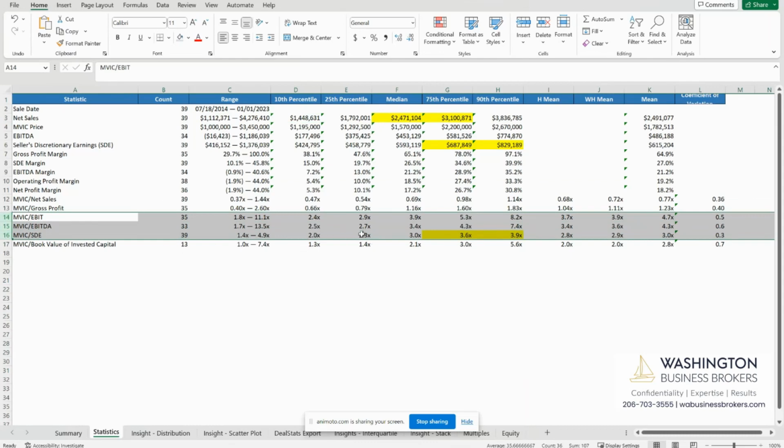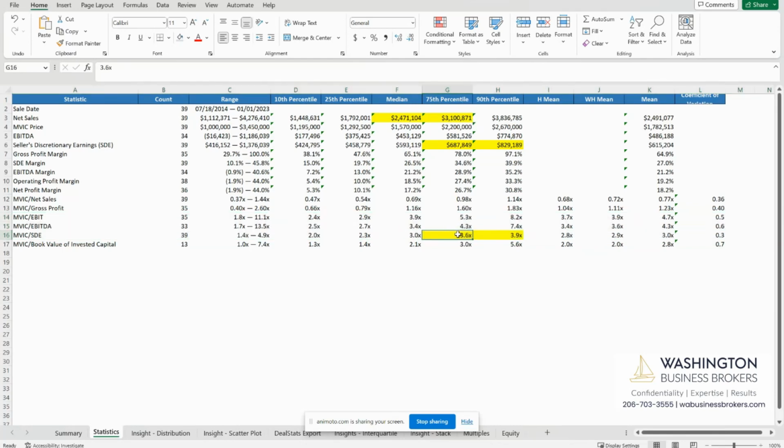You can see, of course, how the earnings multiples increase as the business size gets larger. It's important for us to look at the data set in more detail in the statistical view, right? Because here we can start to see if your tree care business in Spokane, for example, has $3.6 million in revenue, we know you're going to be somewhere right in this range. Okay, and so that's where we would recommend pricing the business.